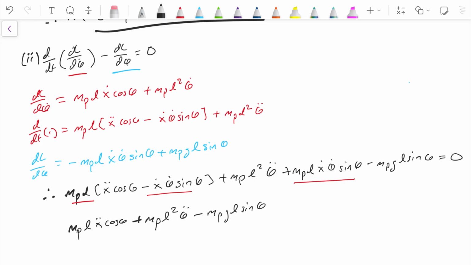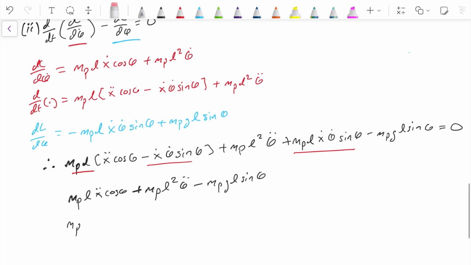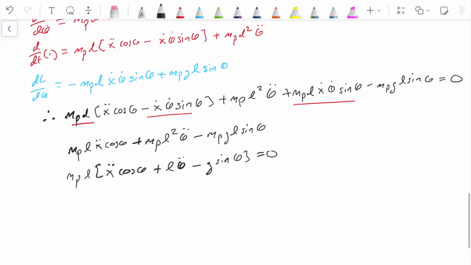If we can then do MPL x double dot cosine theta, and we have plus L theta double dot, and we have minus G sine theta equal to 0.